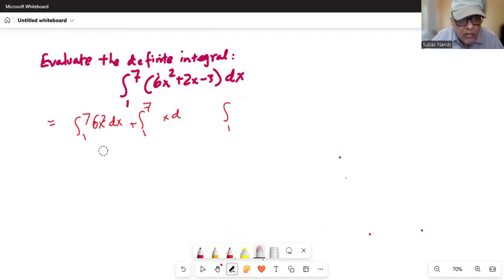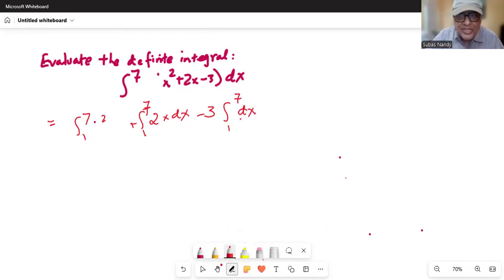So 2x dx, limits of integration are from 1 to 7, and then minus 3, limits of integration 1 to 7, dx.